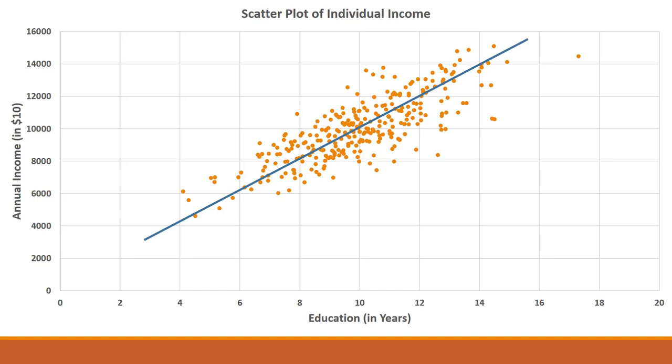But we can recognize that this linear line does not describe every single data point. It gives us a pretty good idea of the trends, but it doesn't pass through every single data point.